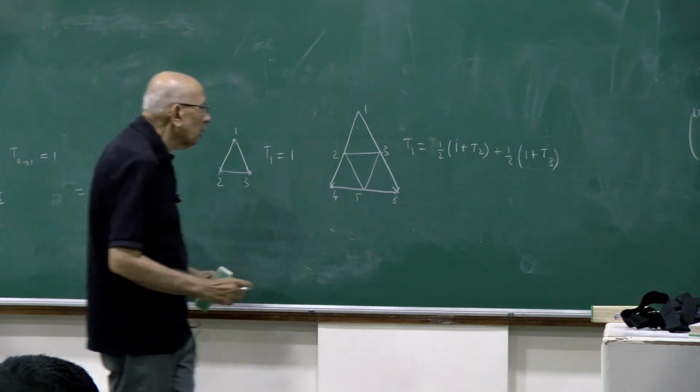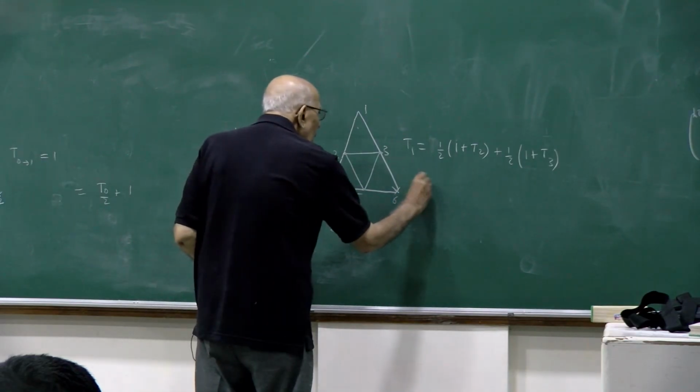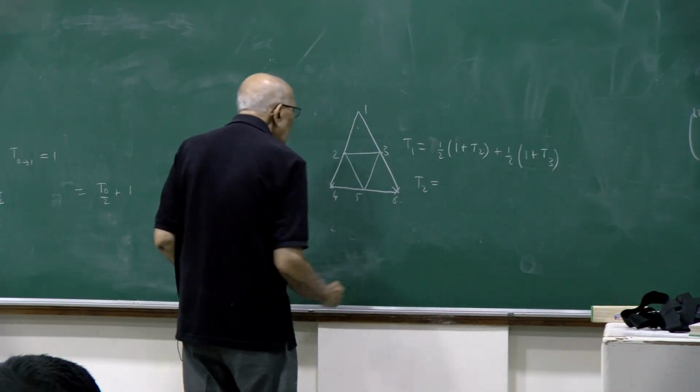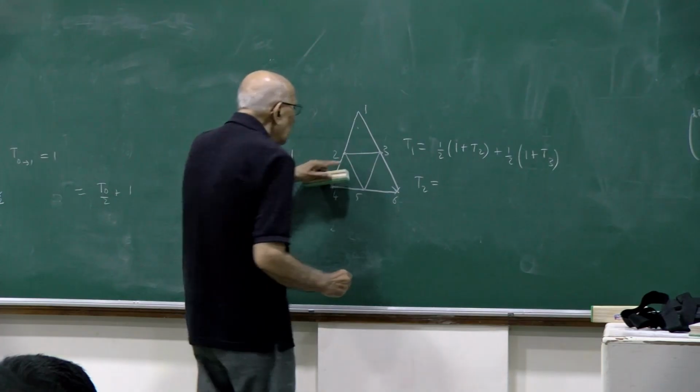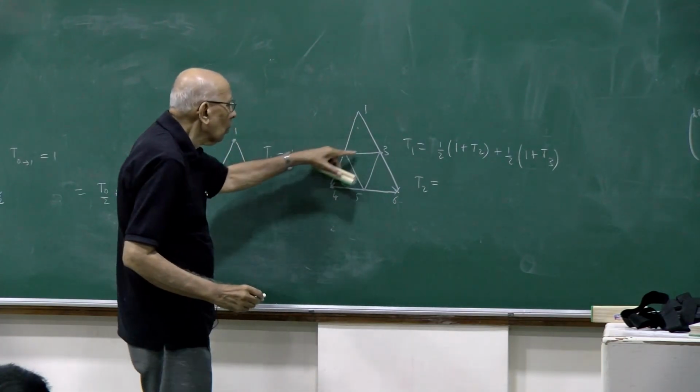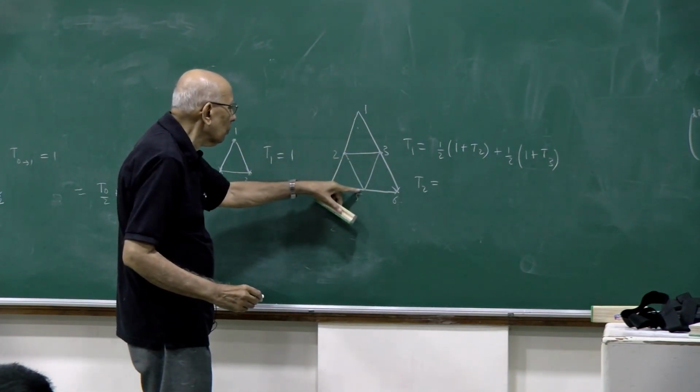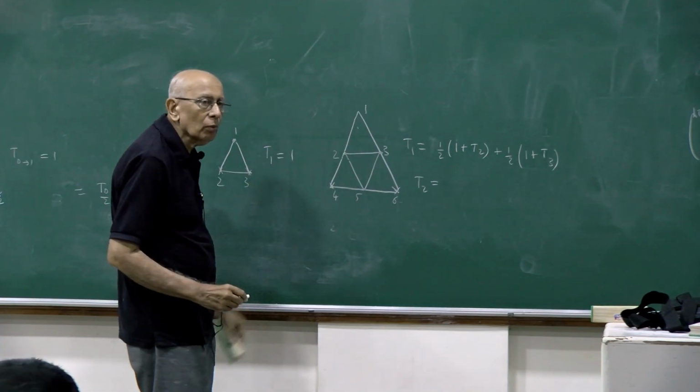What's the equation for T2? With probability 1/4 he goes to 1, 1/4 he goes to 3, 1/4 he goes to 5, 1/4 he goes to the trap at 4.